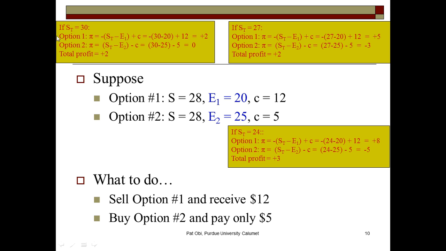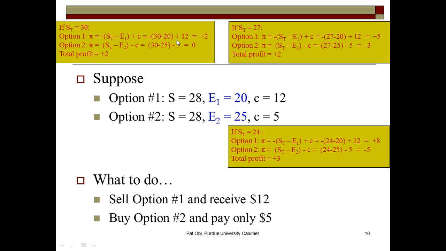So with that, if the stock price ends up at 30, then the option that you sold, which is option number 1, would fetch you a profit of $2. Again, remember, if you're the writer of the option, then the intrinsic value becomes a negative to you. Watch my pointer here, and you received the call premium.